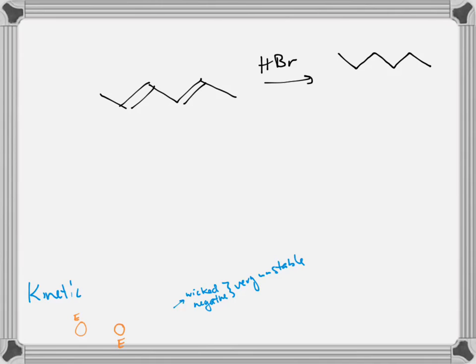We could have ended up with a product where we had H and Br, and our double bond did not move. Or we could have gone through and gotten a different product where we have our H and our Br. Right? You guys remember that section?